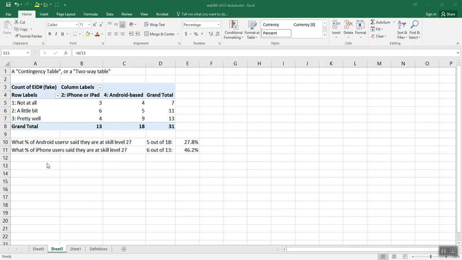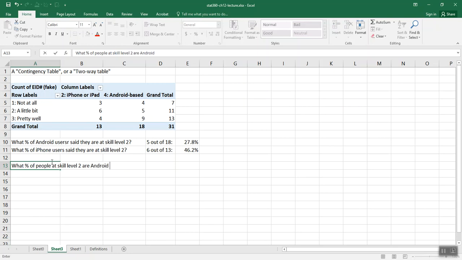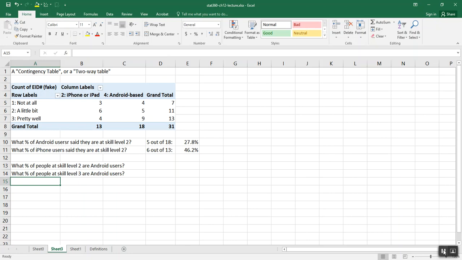Now, some people might not have looked at the table that way. They might have looked at it the other way and said, what percent of people at skill level 2 are Android users? And maybe also what percent of people at skill level 3 are Android users? So pause the video, think about how you would answer those.